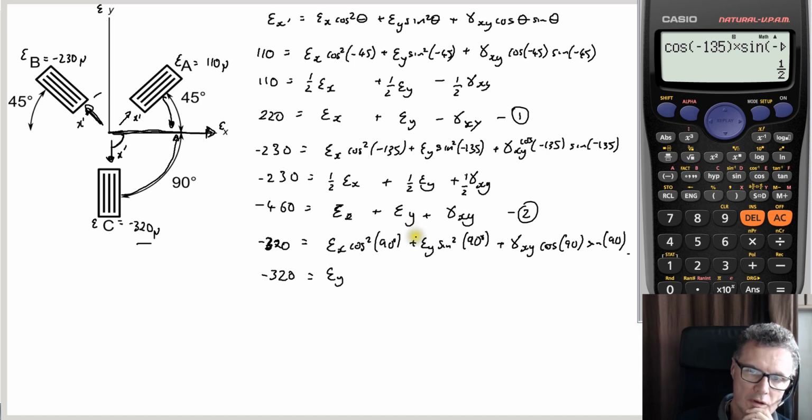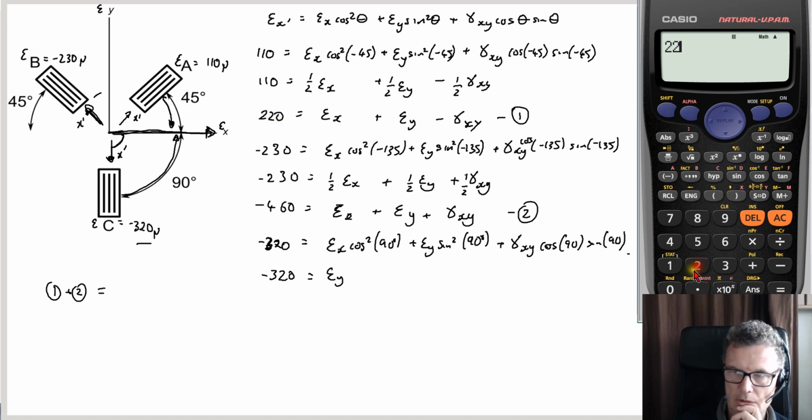Next thing I could do is to find the shear strain. So add the equation 1 and 2 together. So that's going to be 210 to 120, sorry, to go 320.